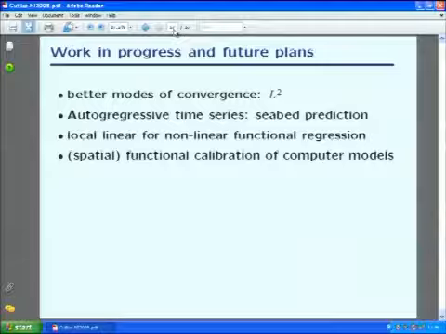So now, what is work in progress? Actually, you see, there is a mistake here. It's autoregressive time series. So we're working on the extension where you have time series of surfaces. One of the motivations is actually seabed prediction or bathymetry.